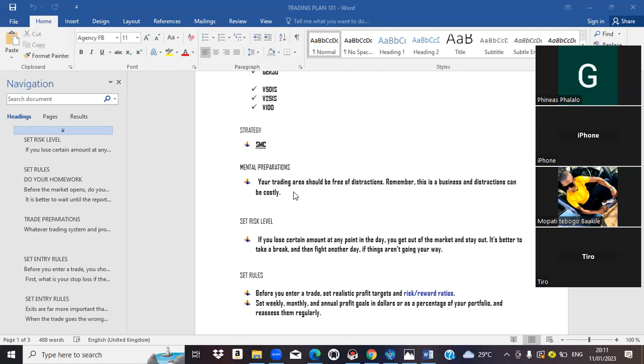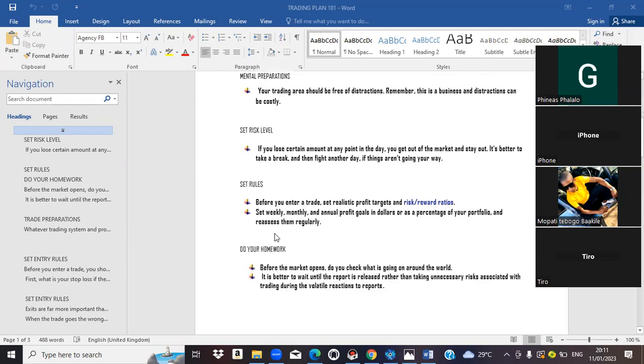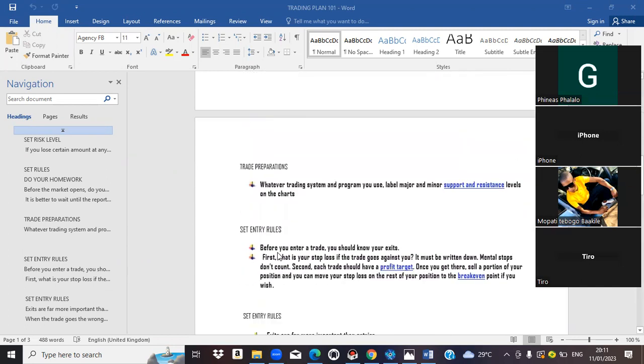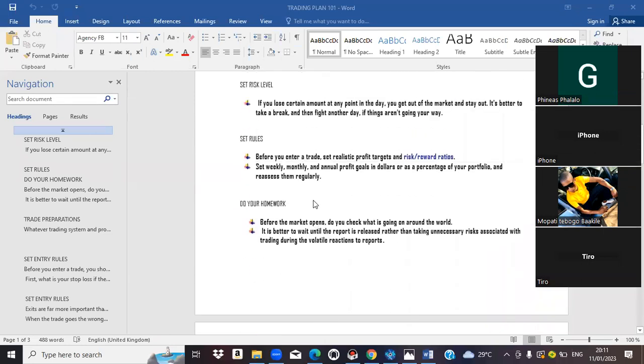If you lose $10 in order to gain $60. If you lose, you lose $10. If you gain, you gain $60 or 100. So that's why we have to set risk levels. You have to set your take profits and stop losses.